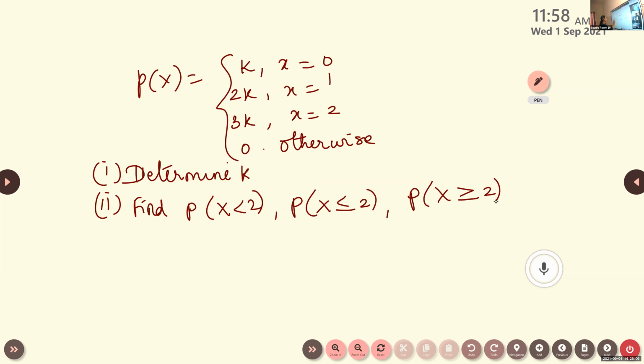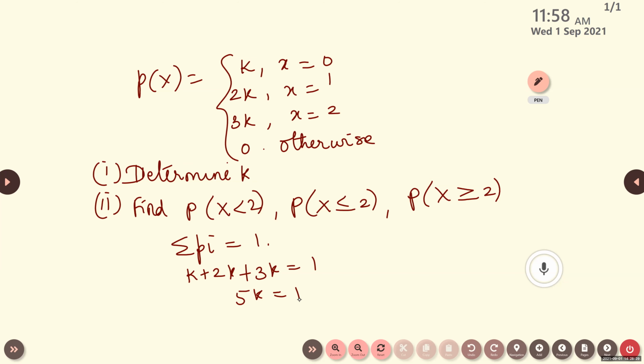In order to find k, we know that sigma p i is 1. Sum of all probabilities is 1. So you add up all the probabilities. k plus 2k plus 3k is 1, isn't it? Sorry, 6k is 1.